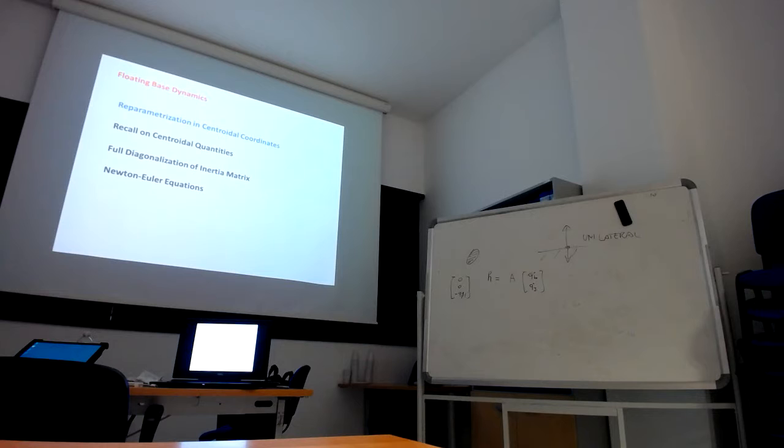We talk about the floating base dynamics, and now we will have a look into some specific peculiar properties of this, on the sparsity of this dynamic equation whenever you reparameterize the generalized coordinates in centroidal coordinates.